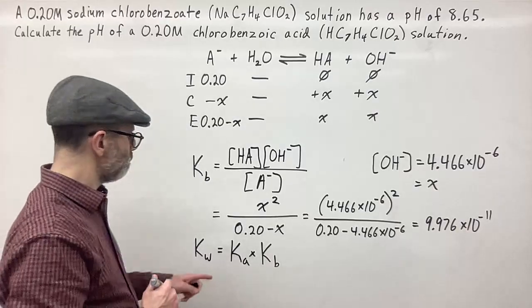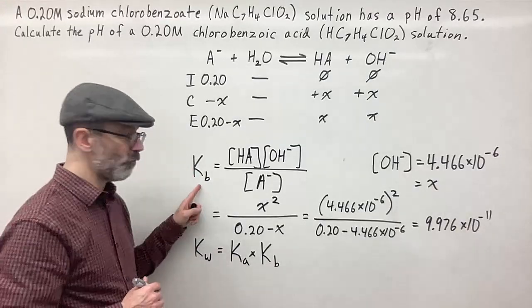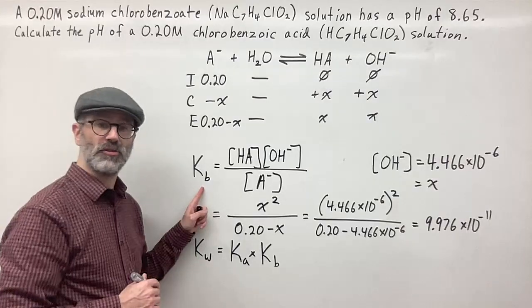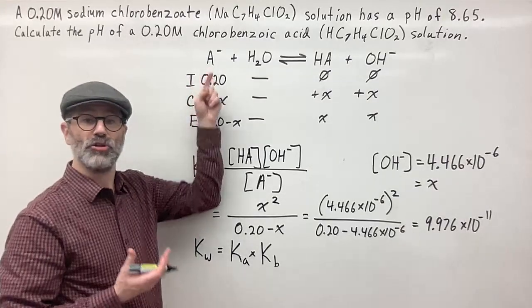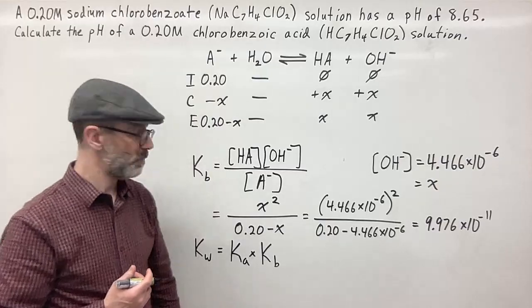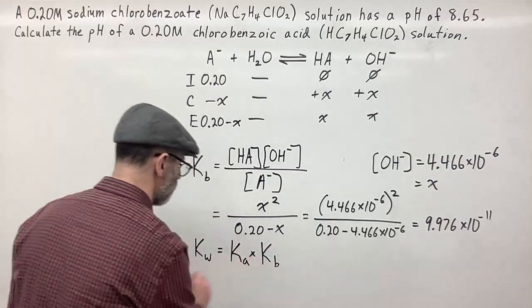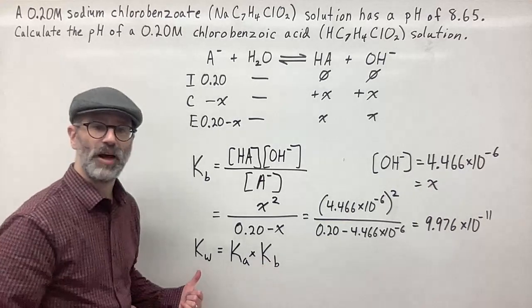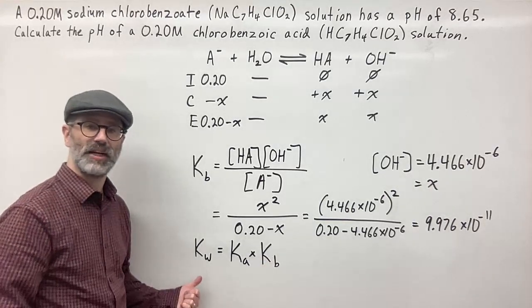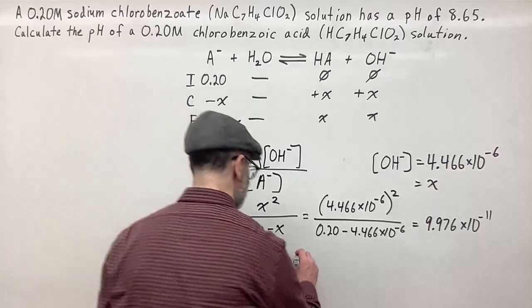So here we just solved for the Kb for the base, and so now we need to find the pH using the acid. So we use the conjugate base, so we got that. We got the Kb here. We know Kw. Kw is 1 times 10 to the negative 14. So we're going to plug that in.